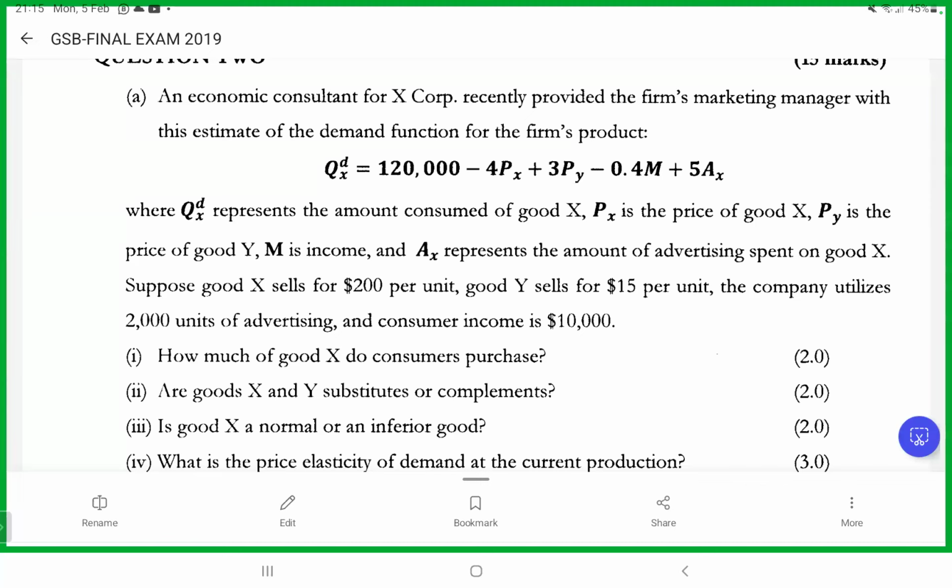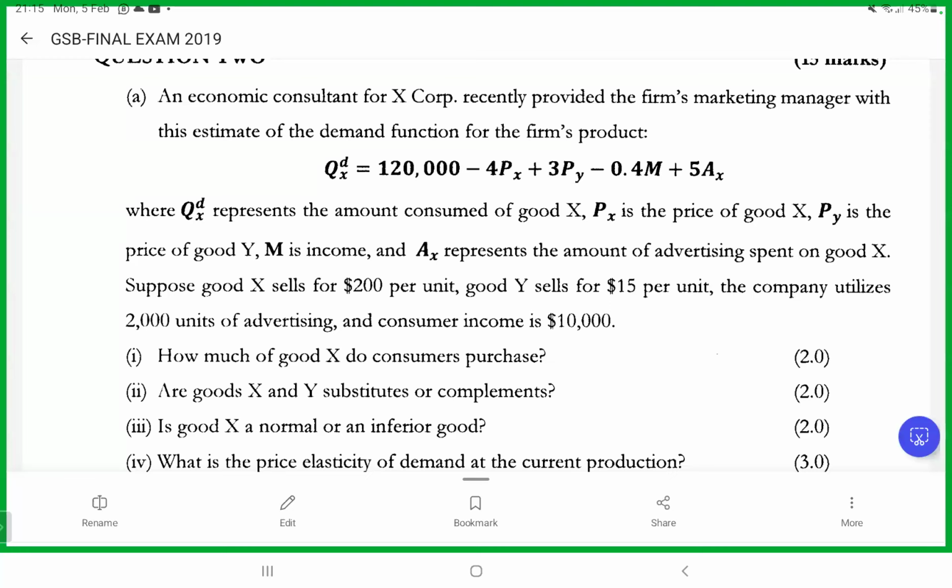I don't know if it's QDX or what here now. You can skip that part.